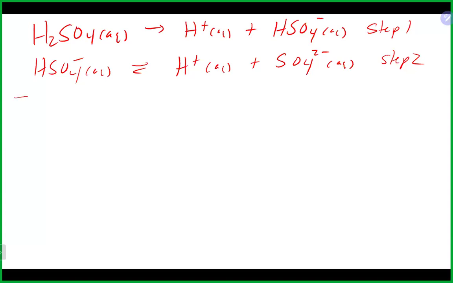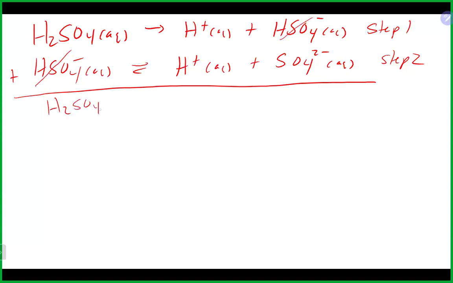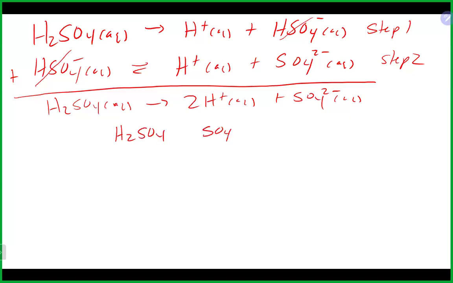That is why we get our overall reaction that we just looked at. If you cross those guys out, everybody on the left-hand side stays on the left-hand side of the arrow, and everybody on the right-hand side stays on the right-hand side of the arrow. That gives you the overall reaction that is happening. Now, when you have this pairing of H2SO4 and SO4 2-, and you're asked, is this a conjugate acid-base pair?